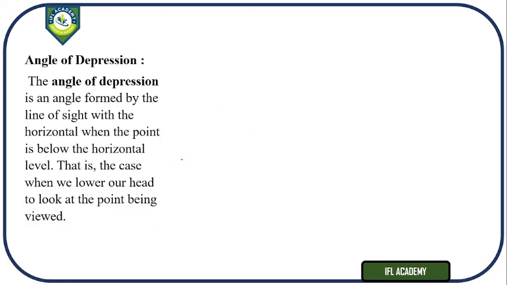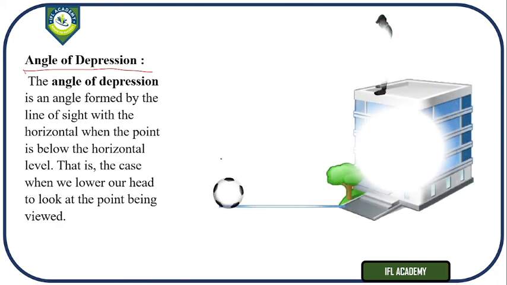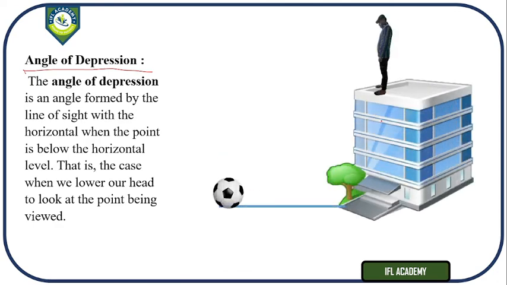Then comes the third term, that is angle of depression. It is the angle formed between line of sight and horizontal line when we look at the object on the ground from the top of the building or tower. See the figure here. Suppose observer is standing on the top of the building and the object, that is football, is lying on the ground.